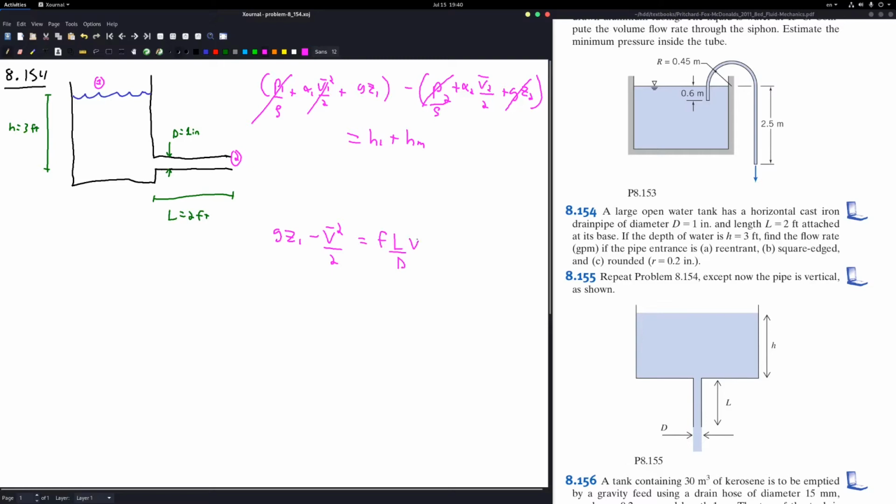We can rewrite this expression as being gz1 minus v2 squared over 2 is equal to fL over D times V squared over 2, which is the loss over the length of the pipe, plus K V squared over 2, which is the loss by the entrance to the pipe.